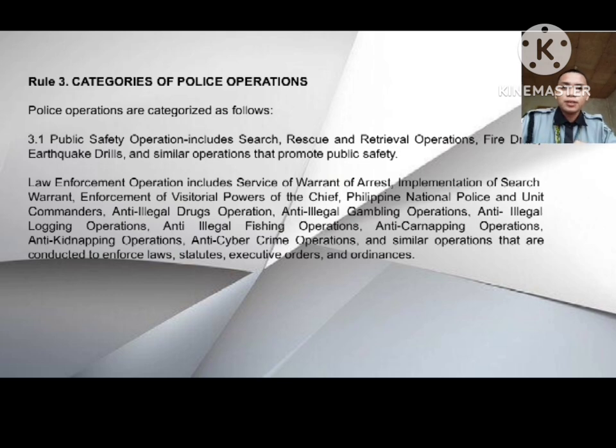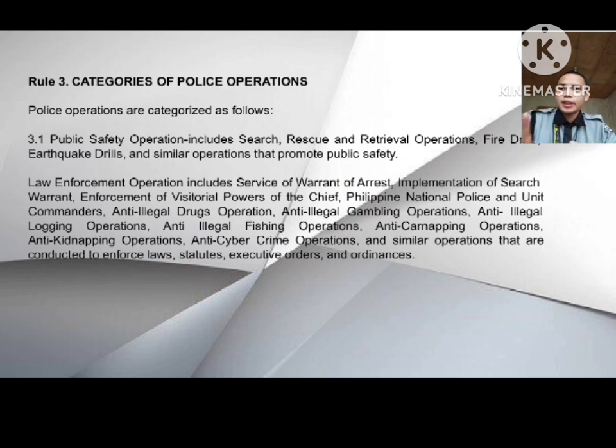So there's fire, and the BFP are tasked to help those homes or places that are on fire. And during earthquakes, they evacuate. So these operations here in 3.1 focus on saving lives, preventing harm, and ensuring public safety. So yeah, that is the function of public safety.